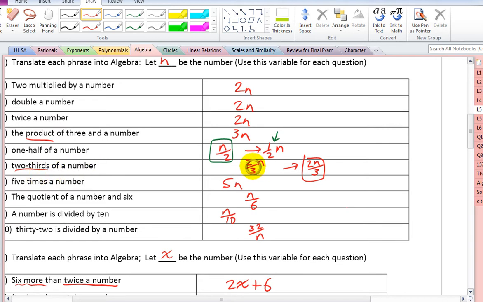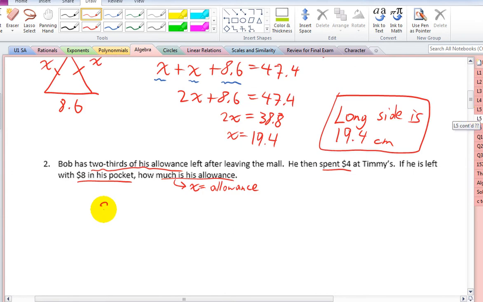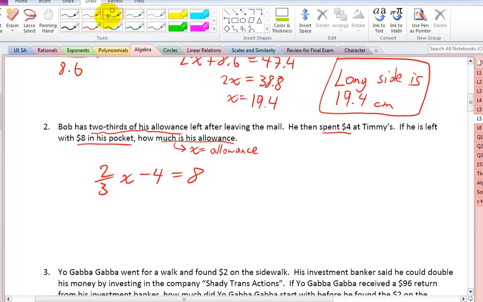What would we do? Multiply. So we're going to multiply 2/3 times x. -4, because he spent $4 more, and now he only has $8 left. So there's our equation.